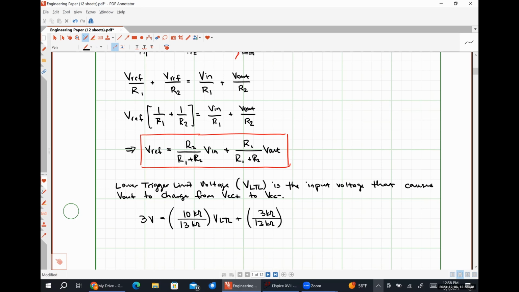For us, VCC plus was positive 10 volts. So take a moment here with your calculators and figure out what our lower trigger limit voltage should be.